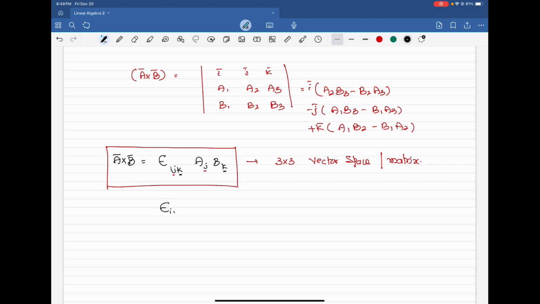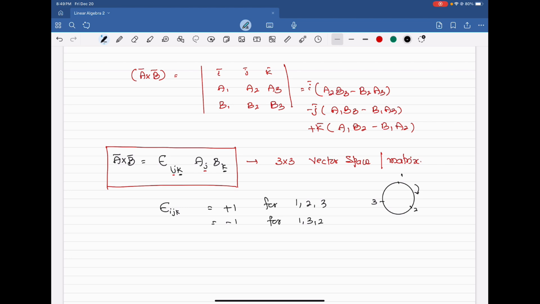Epsilon ijk is equal to +1 for cycle 1, 2, 3, and is equal to -1 for 1, 3, 2. Why it is -1? You just say this is the cycle. This is 1, this is 2, this is 3. For 1, 2, 3 it is positive clockwise.